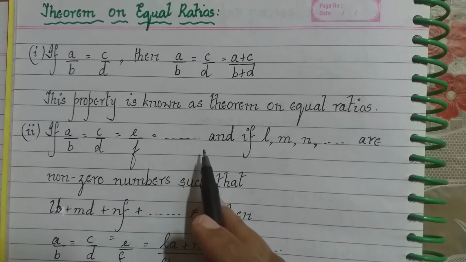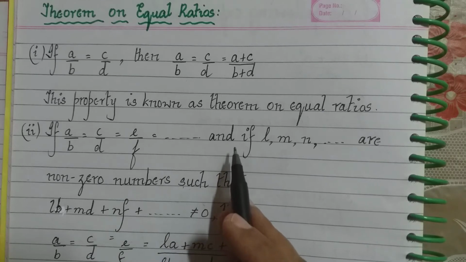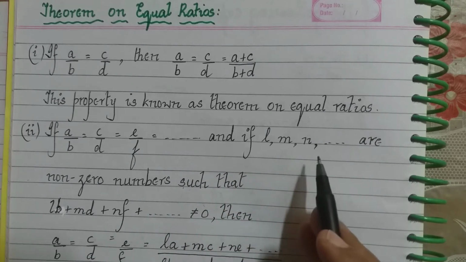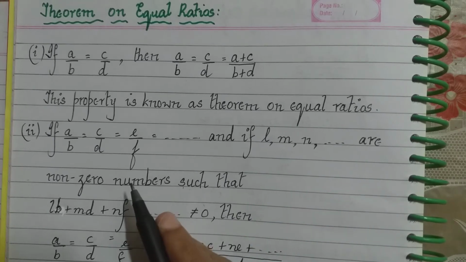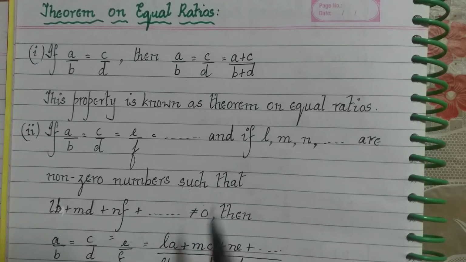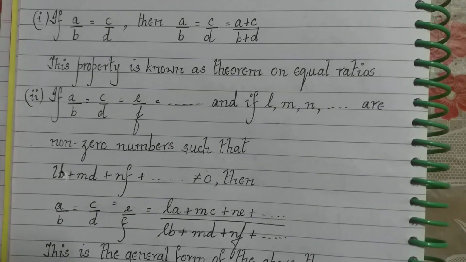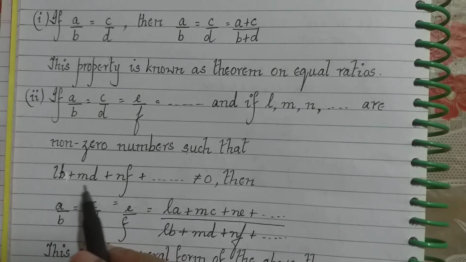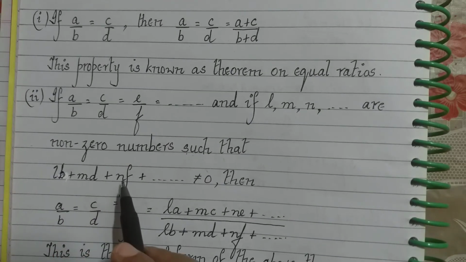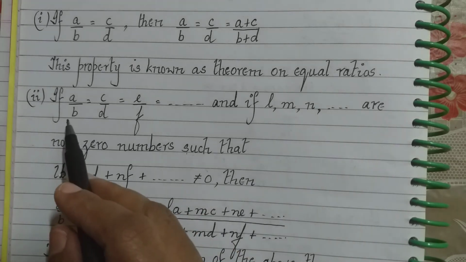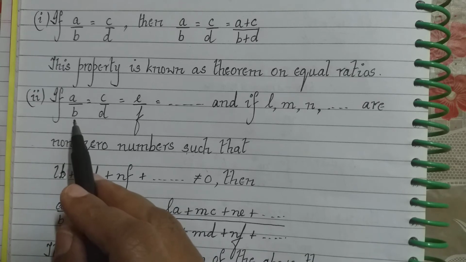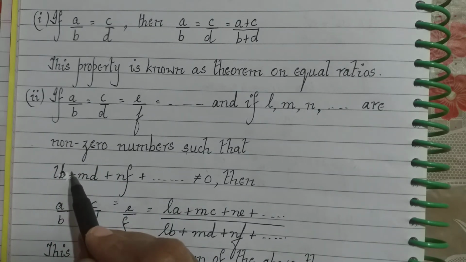If this continues, and if L, M, N, dot dot dot, means there are many more multiples, are non-zero numbers such that L into B plus M into D plus N into F plus so on is not equal to 0. You can see that L is multiplying with the first denominator, LB.